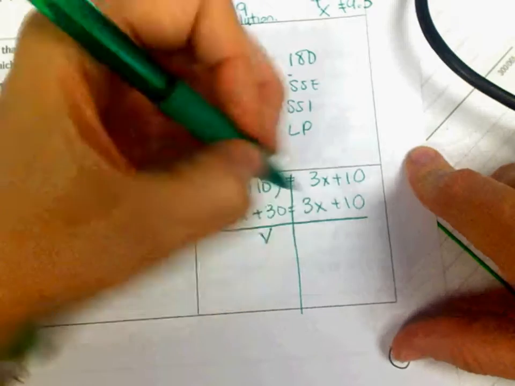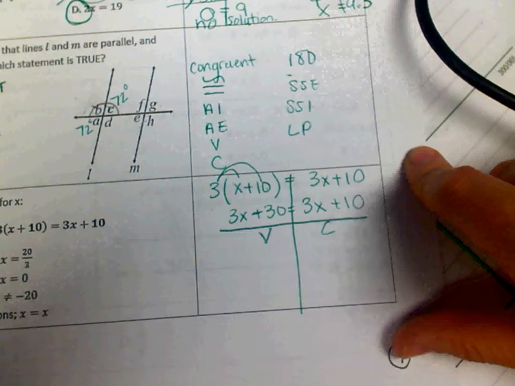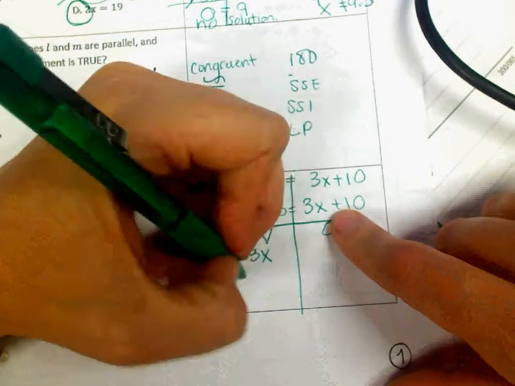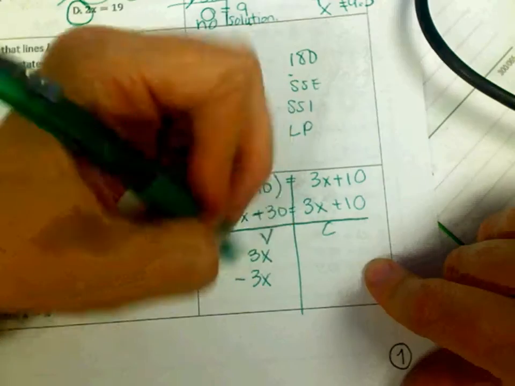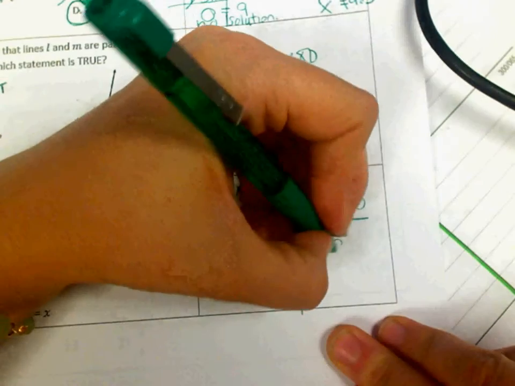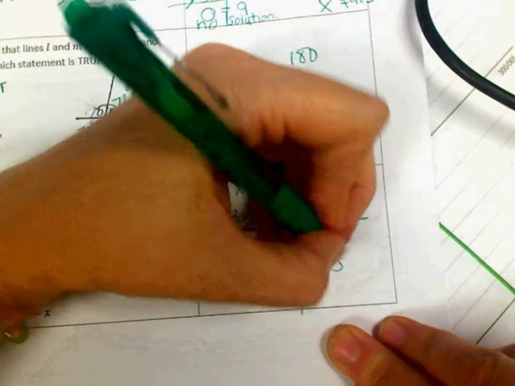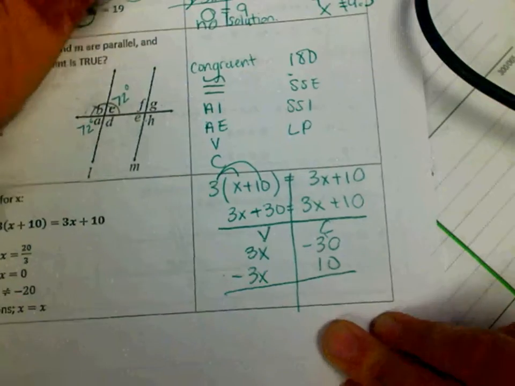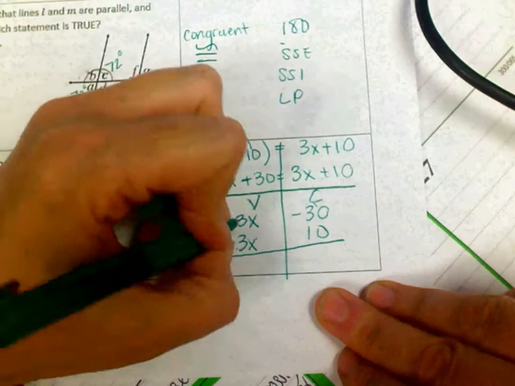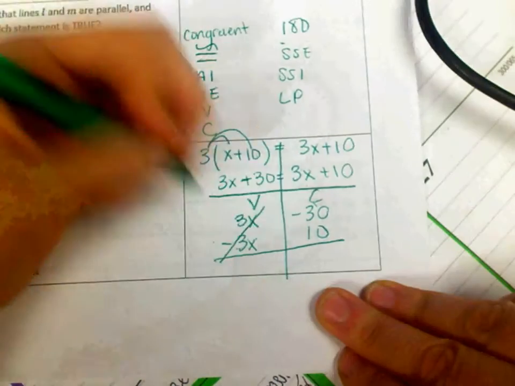Okay, so my variables and my constants. My variable term is 3x and negative 3x when I move this. My constant is negative 30 when I move it, and positive 10. Just as I thought, the variable term 3x and negative 3x cancels out.